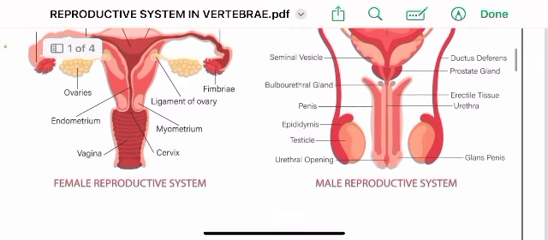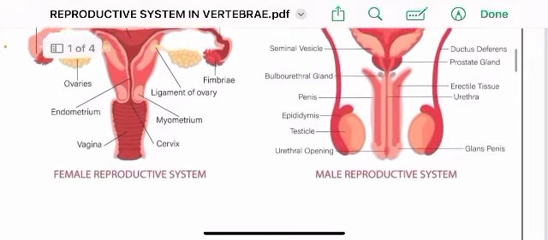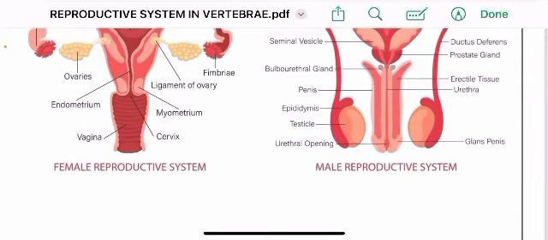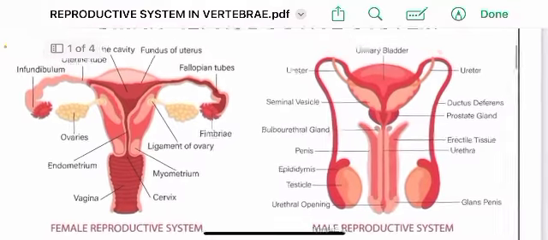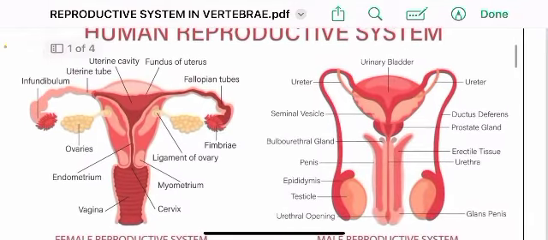Now, the urethra is the opening of the penis, which serves as an opening where sperm is ejaculated or urine is passed out. So it carries sperm through this long pipe here.